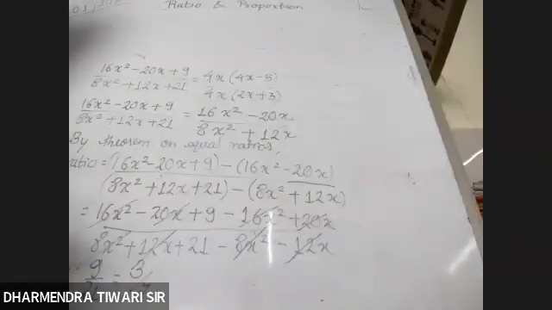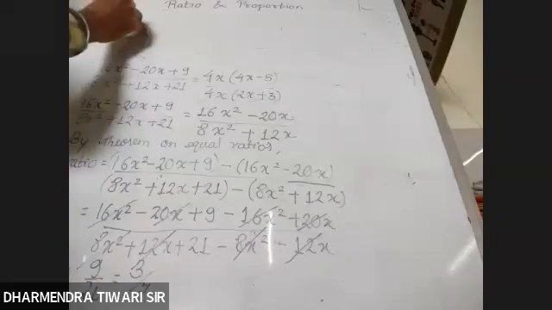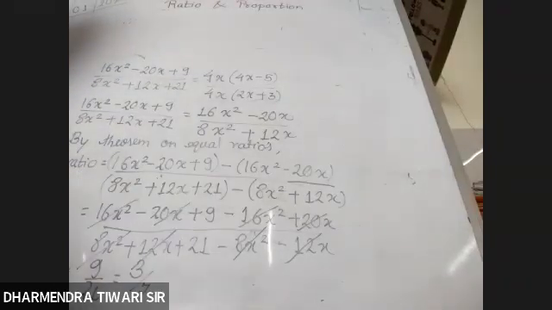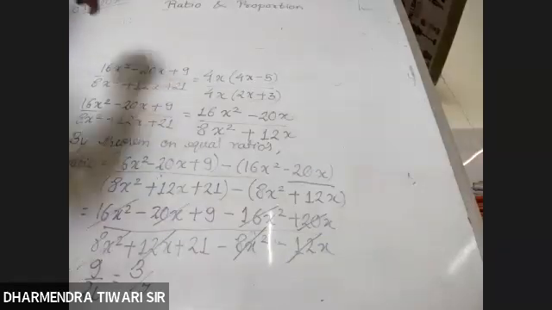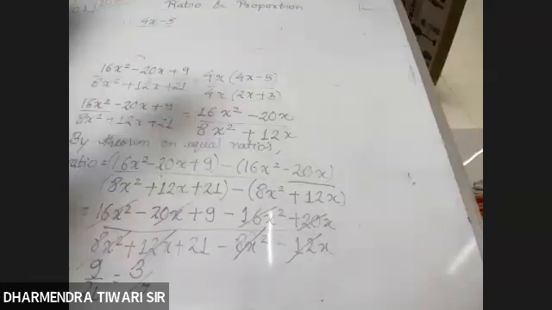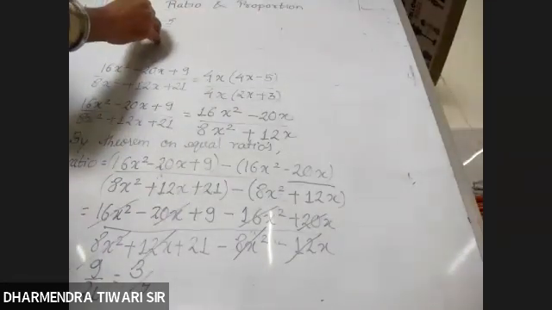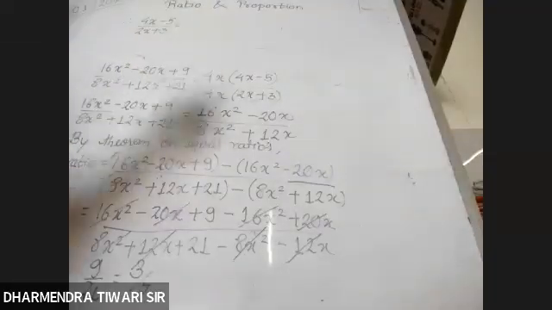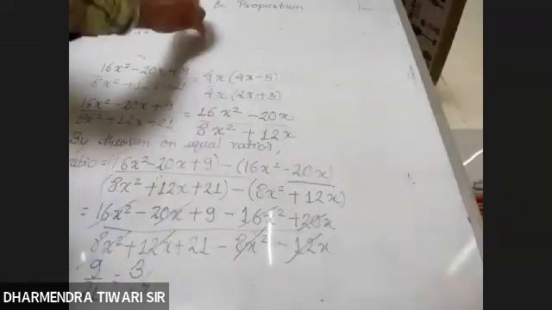So therefore, we can conclude that 4x minus 5 divided by 2x plus 3 is equal to 3 by 7.